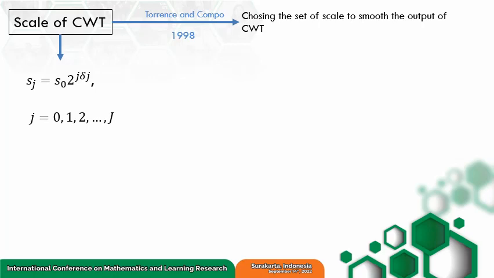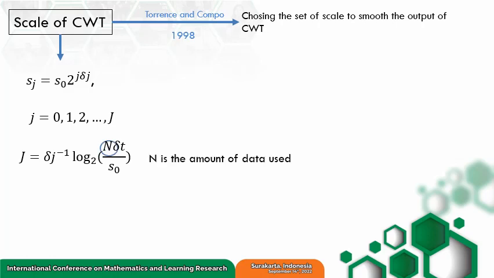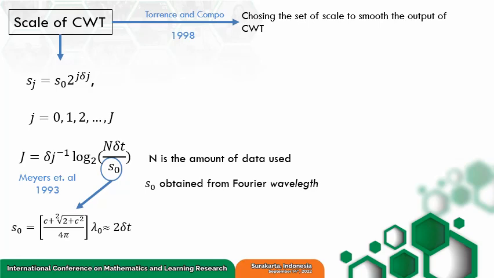This is the equation for the set of scales, where S0 is the lowest scale of the continuous wavelet transform and Sg is the highest. G is the amount of data used, whereas the scale is obtained from the Fourier wavelength.